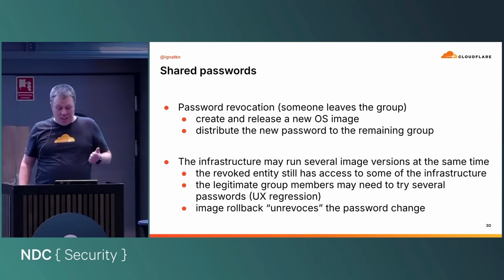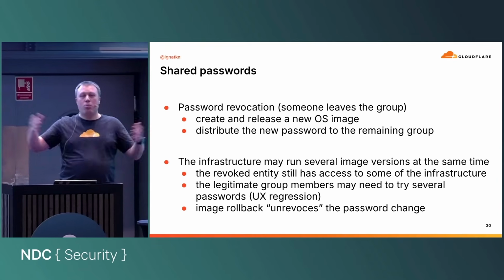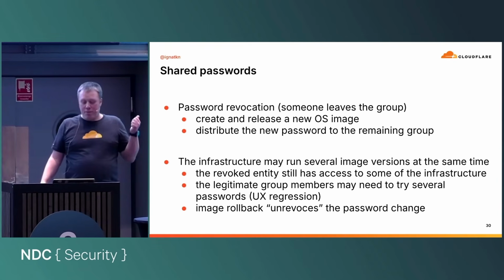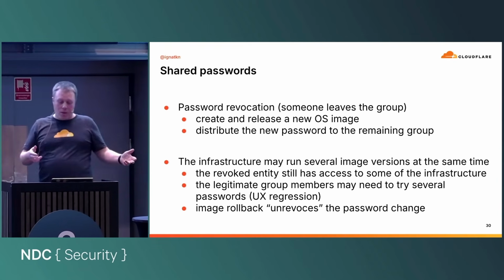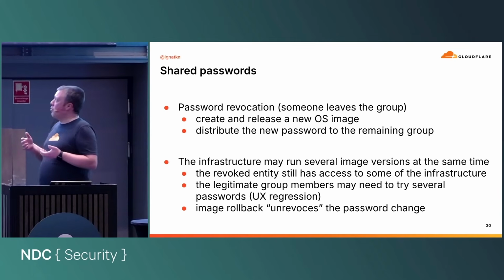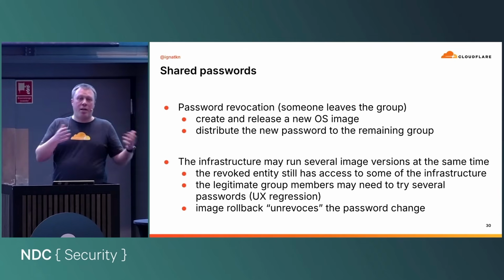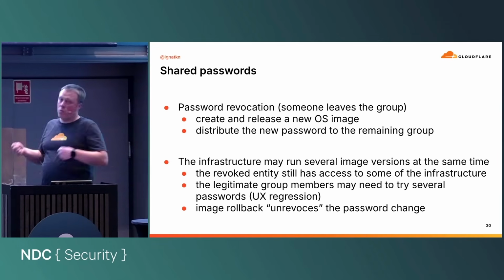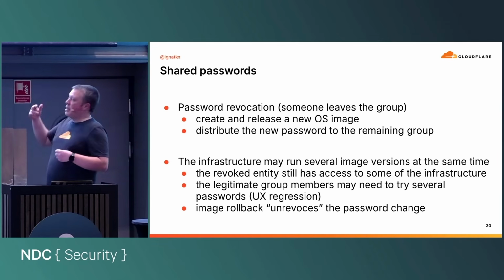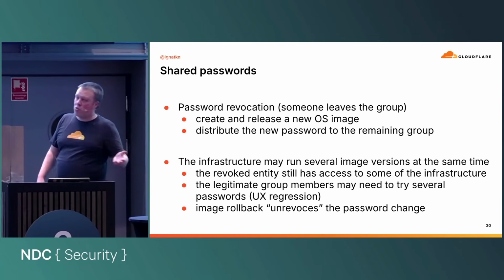In practice, it's very hard because we cannot reboot all of Cloudflare at the same time to the new image, so we do it slowly, one by one. Eventually, in our infrastructure, we have machines running different images. Some have a new password, some have an old password, which means the revoked entity can still access some of the infrastructure.